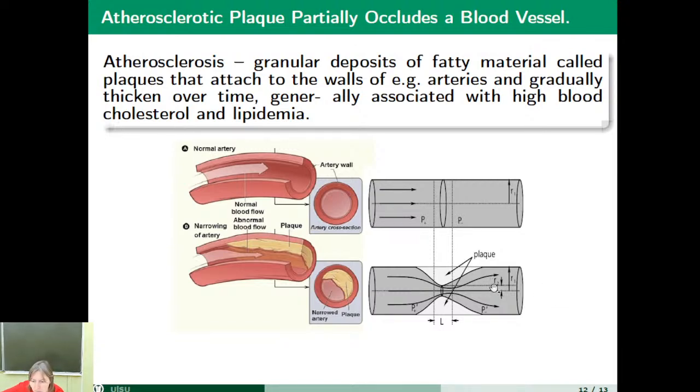Look here, this R2 is a radius over an extended length L. The vessel is perhaps 90% occluded. Only 10% of its normal cross-section area is available to carry fluid.